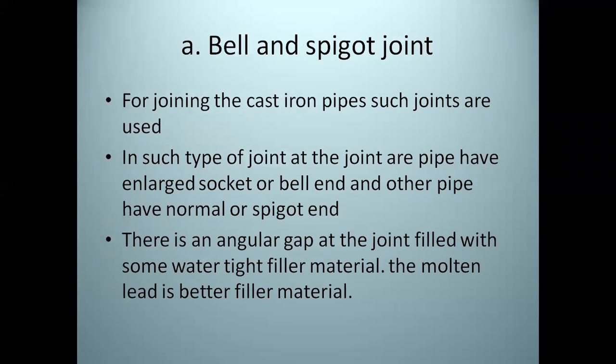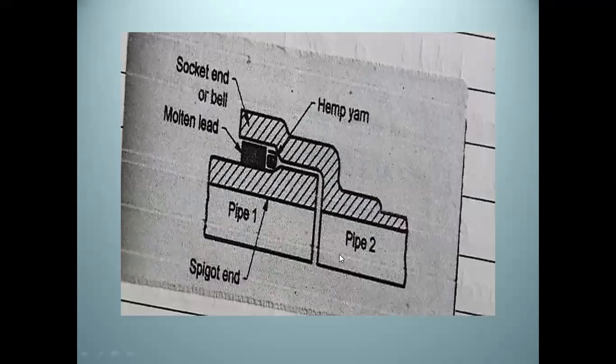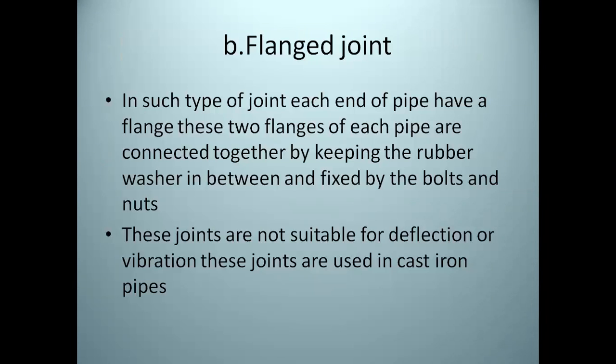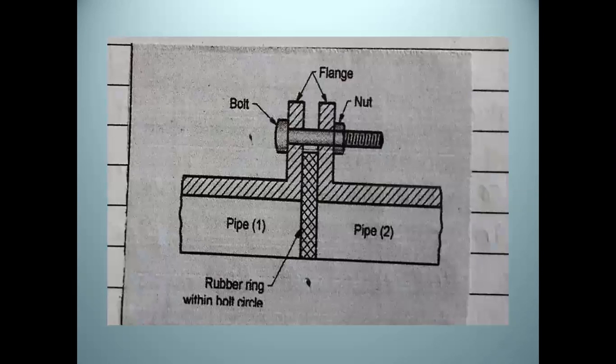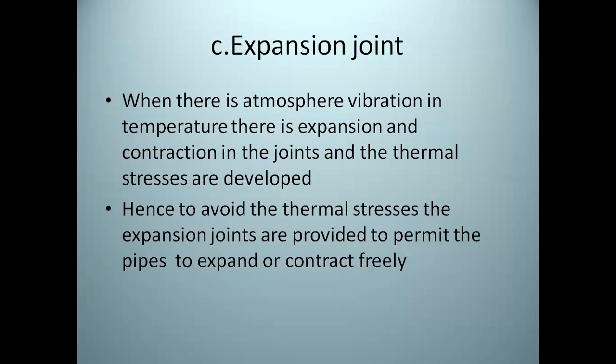The first pipe has the socket or bell shape and the second pipe has the normal shape, and these two pipes are joined using molten lead. After that, the second is the flanged joint. In the flanged joint, the two pipes, pipe 1 and pipe 2, have flanges, and these flanges are fixed using nuts and bolts, and the gap between the flanges is filled by the rubber ring.